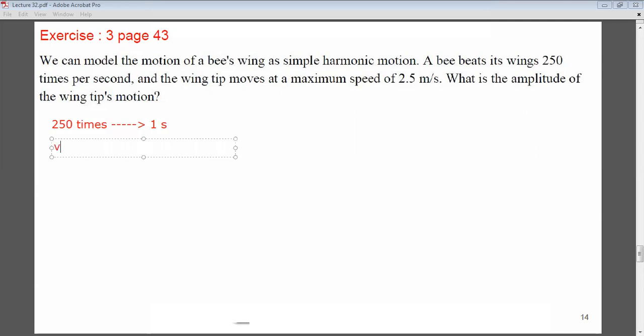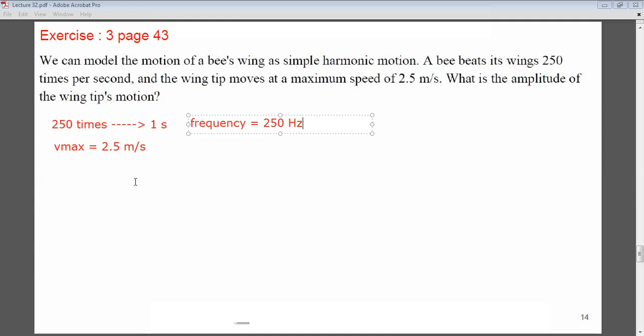So I have V maximum equal to 2.5 meters per second. Now, what is this 250 times per second? This is actually the frequency. Remember, the frequency is 1 over time, that is 1 over seconds, so it is in hertz. So this frequency is 250 hertz.